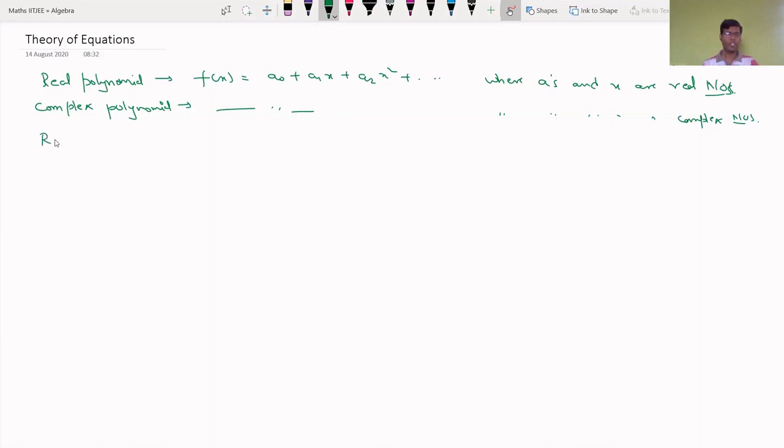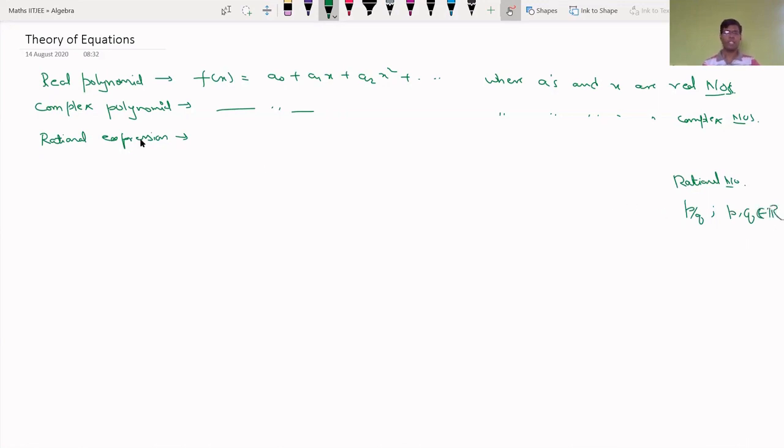Then we have rational expression. When I say a number is a rational number, it should be of the form p by q, where p and q are real numbers.